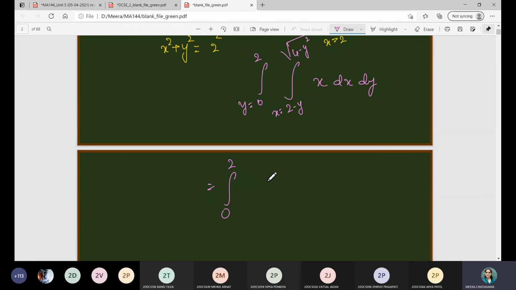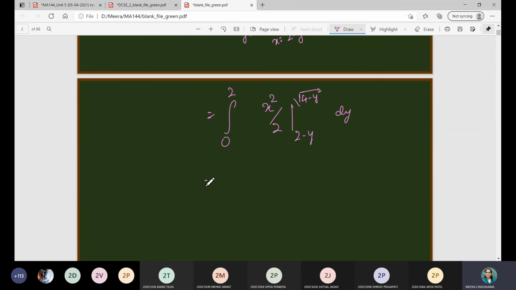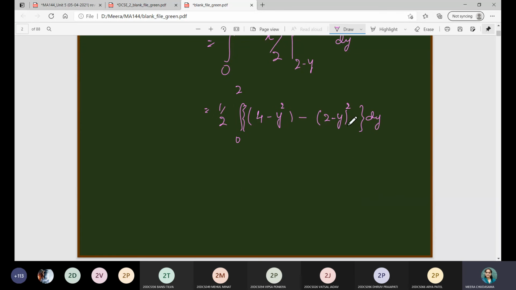So when you solve this integration, what it will be? So 0 to 2, integration is x square by 2, from 2 minus y to square root of 4 minus y square, dy. So that is equal to 1 by 2 I will take outside, x square and its square root, so it is 4 minus y square, this quantity, minus 2 minus y whole square. I will write this bracket to represent the integration with the whole integral.